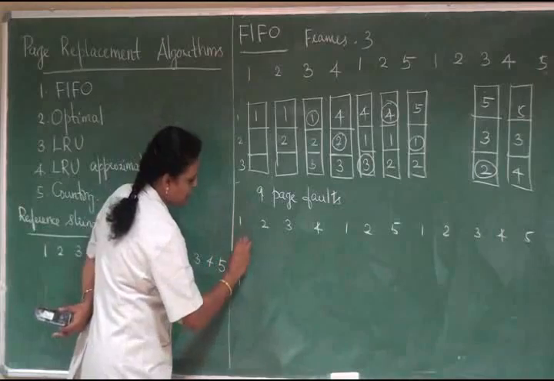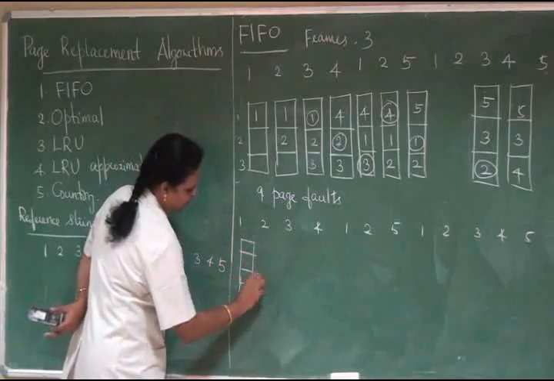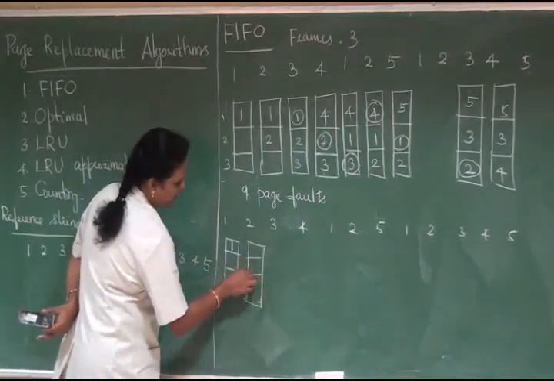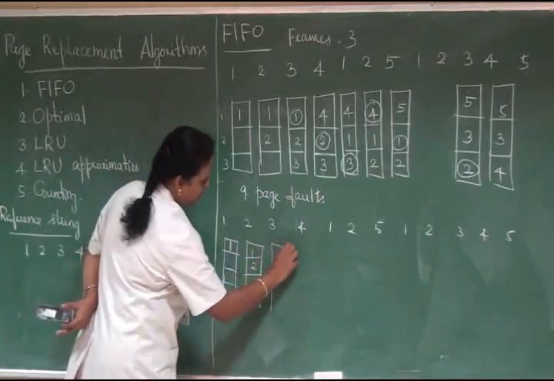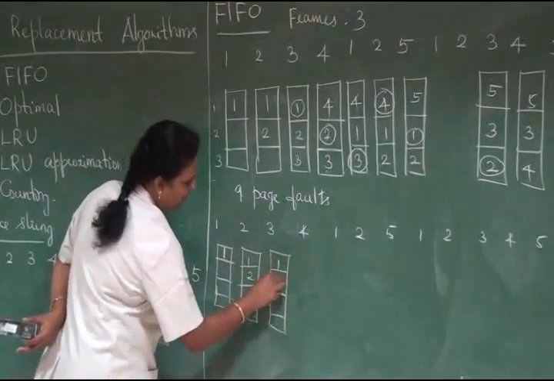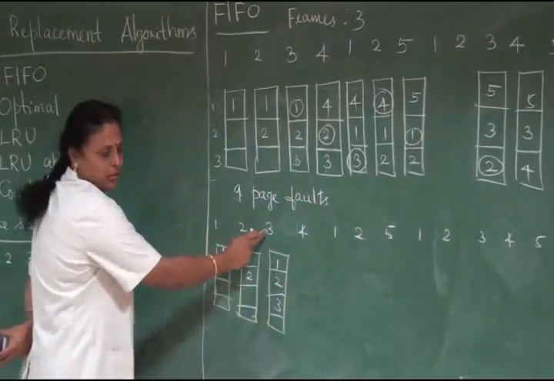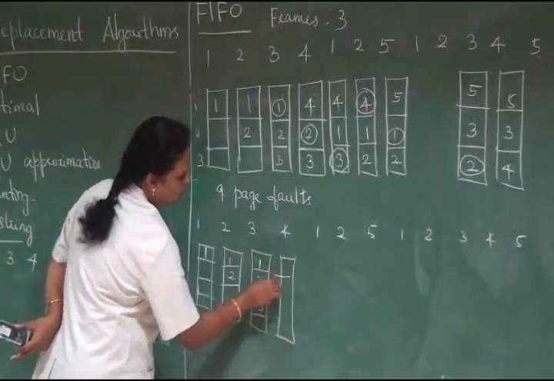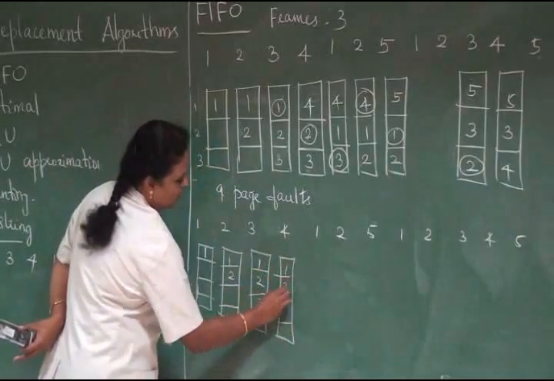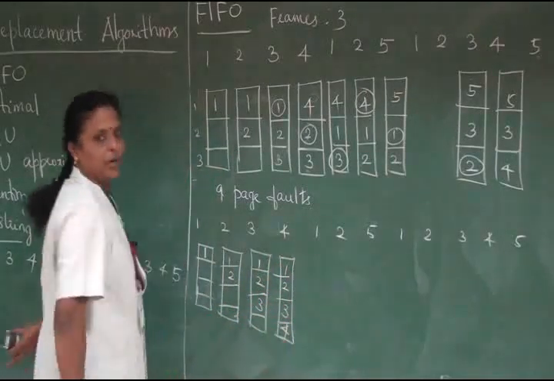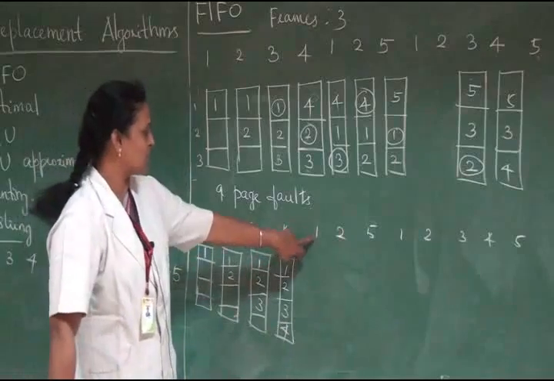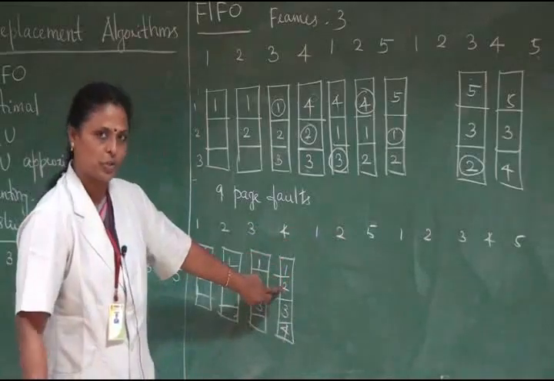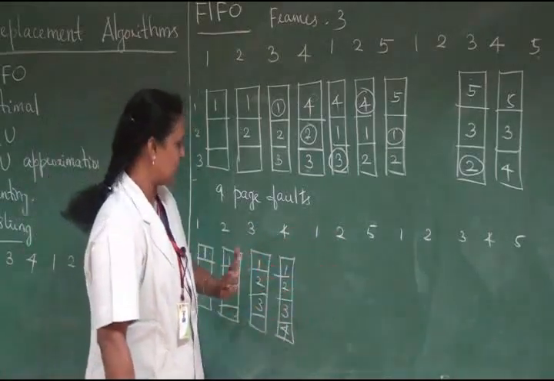First 1 is loaded, then 2 is not available, so 2 is loaded, and 3 is not available, but an empty frame is there, so 3 is loaded, and 4 is loaded in the empty frame. Then the process wants to access page 1, which is already there, then page 2, which is also there, so it will directly access them.